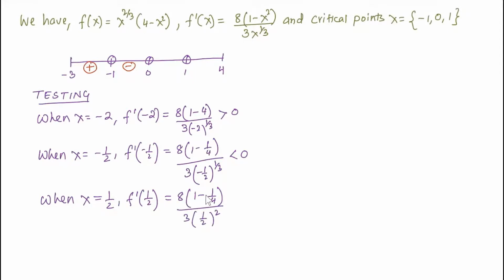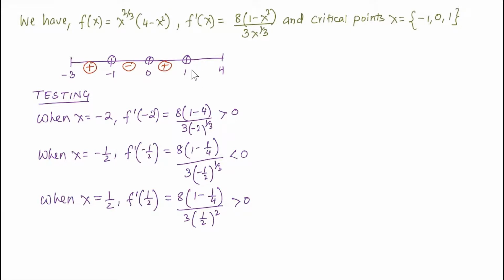Now, 1 minus 1/4, 3/4, that is positive. Positive number multiplied to 8. Positive in the numerator. And in the denominator, 3 times half raised to 1/3, that's also positive. Positive divided by positive is positive, greater than 0. Meaning of that is the function is increasing in this interval. So I can write a plus there because this first derivative is positive. The function is increasing there.